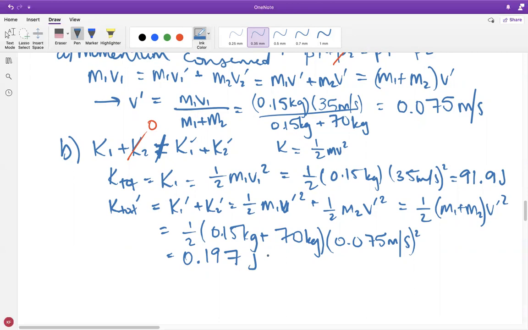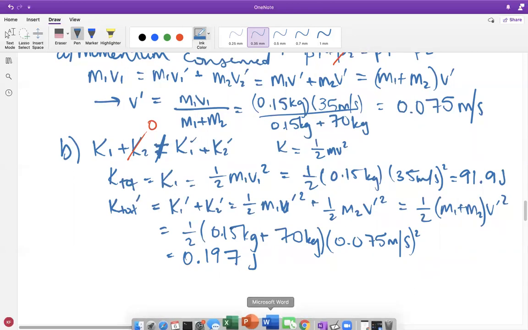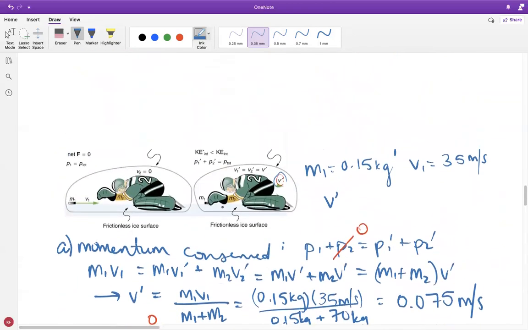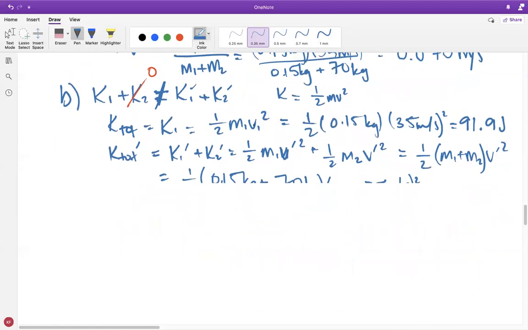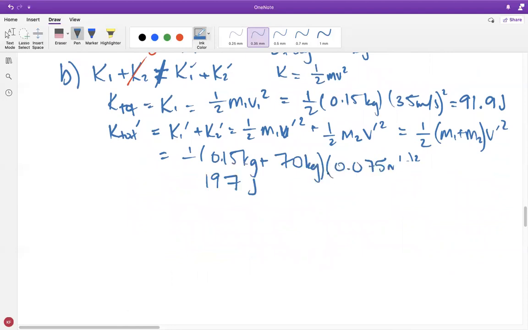And if we want to calculate the difference, or the lost amount of kinetic energy, I'm going to call it K lost, and start with my initial. It's 91.9 joules minus my final amount here.